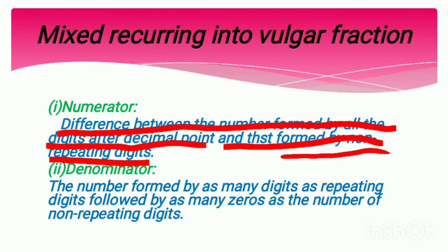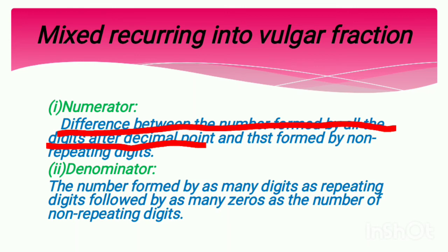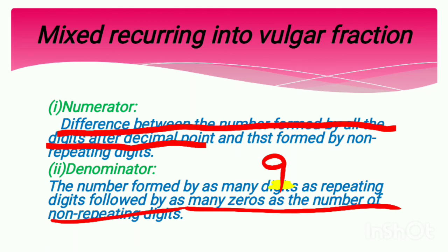Let's read the procedure. The number formed by as many 9s as repeating digits, followed by as many zeros as the number of non-repeating digits.